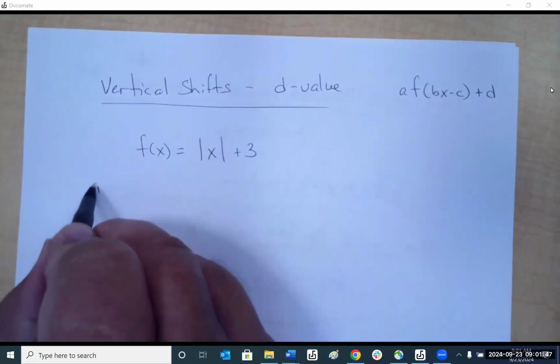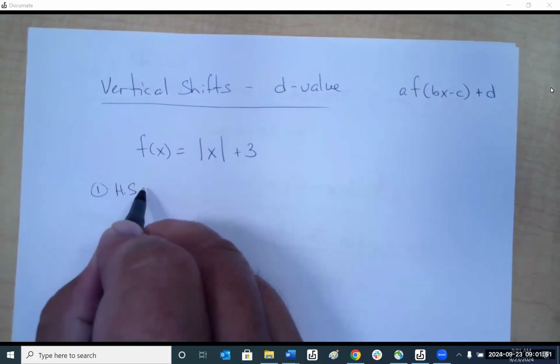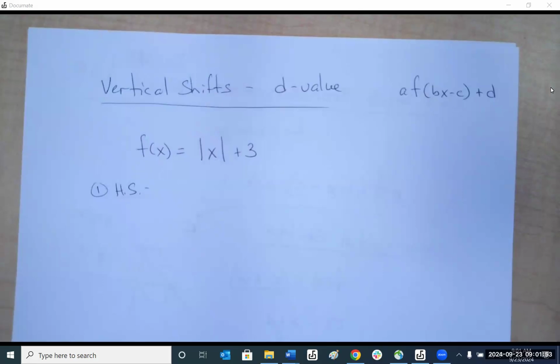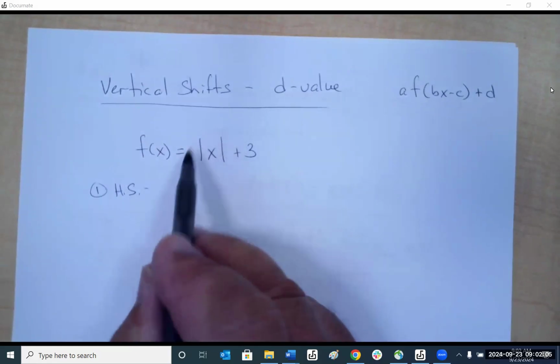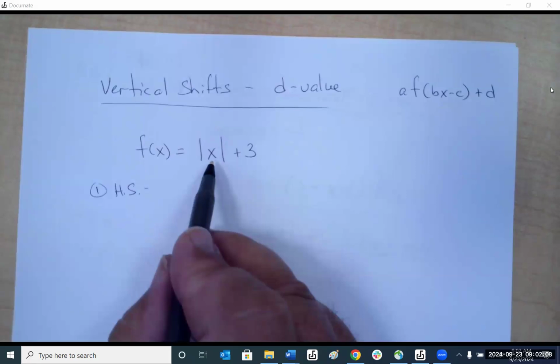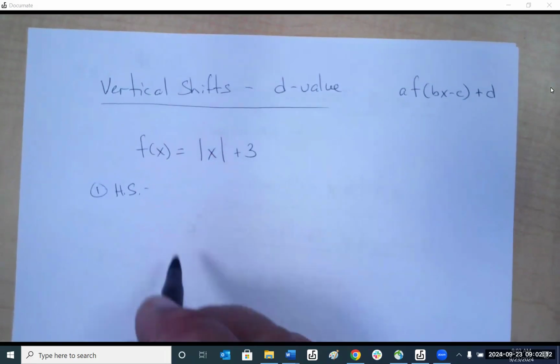Okay, remember, when we do this, first thing is look at x. Is there a horizontal shift? No, because there's no parentheses. Instead of parentheses, absolute value bars are the parentheses in this example. It's just that there's nothing added or subtracted inside the function.